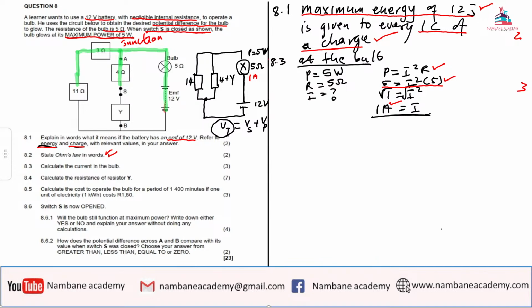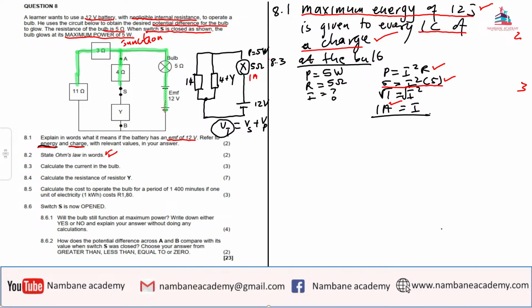It is 7 marks for a reason, ladies and gentlemen. It is 7 marks intentionally so, because it incorporates the basics together with proper analysis of what we call circuit understanding. So the circuit understanding is what Ntate Nambane drew.